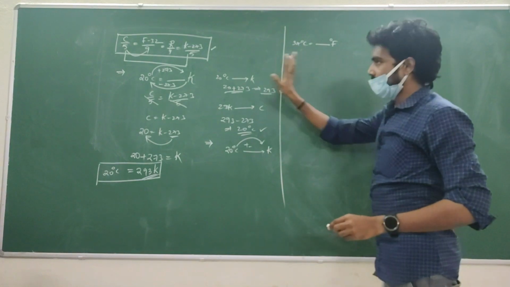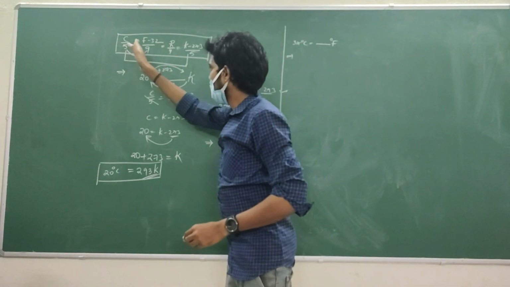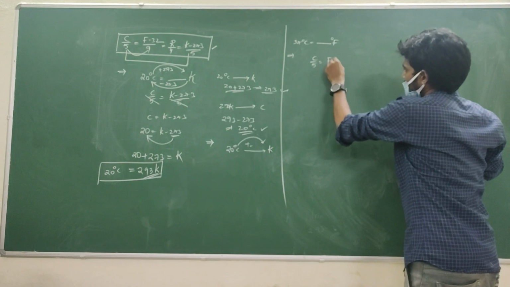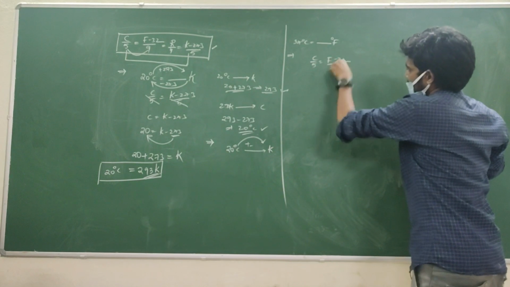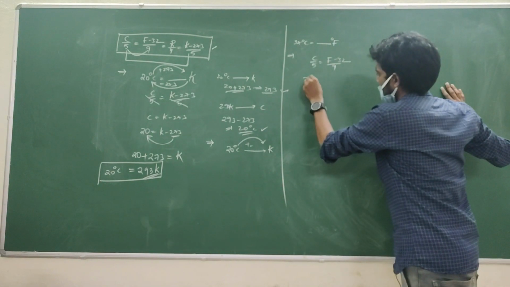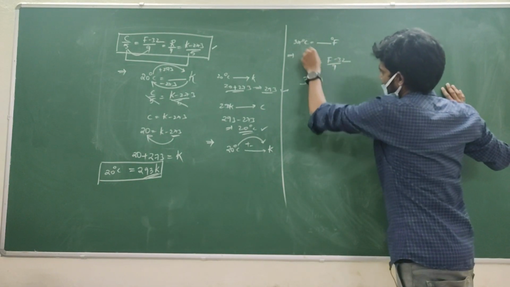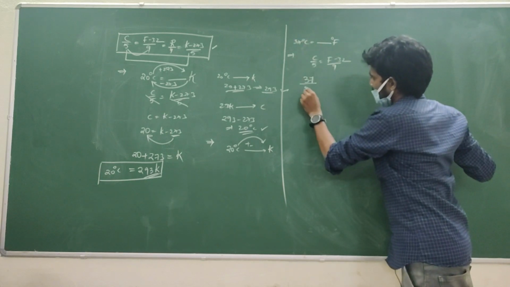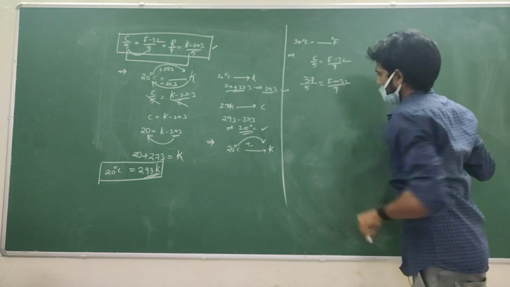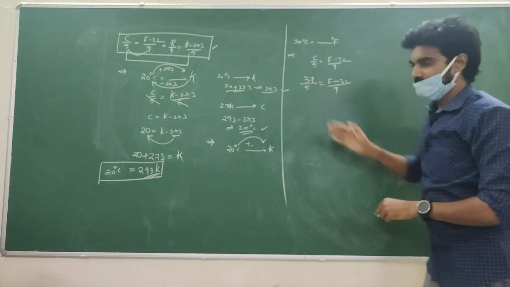So you need to take the relation between C/5 and (F − 32)/9. The relation is very simple: C/5 = (F − 32)/9, right? The value is given, so in place of C I substitute 37. 37/5 = (F − 32)/9, right? So simply do the division here.